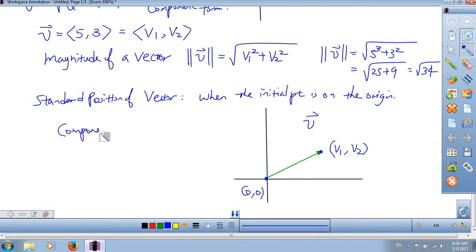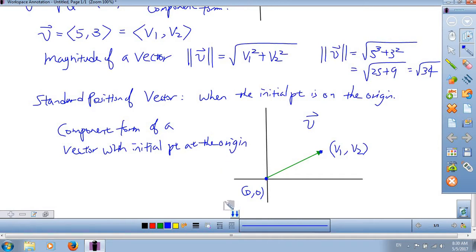So the basic component form of a vector with initial point at the origin is v equal to v1, v2, because this point would be v1 and this point would be v2.